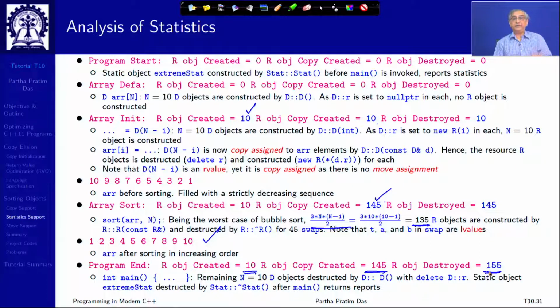So, you will have 155 destructions. You can see that you actually needed 10 objects to be created and 10 objects to be destructed, but along with that you have created 145 R objects additionally, and 145 R objects you have destructed.